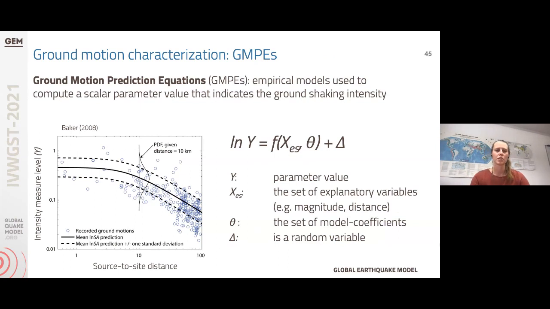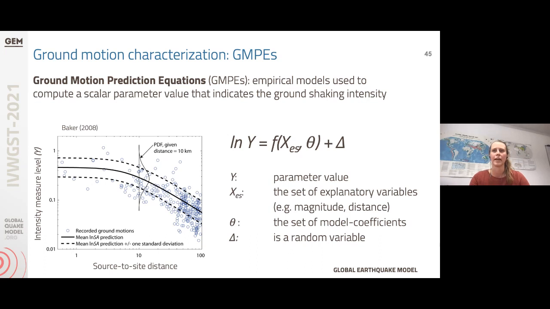So ground motion prediction equations are empirical models that are used to compute a scalar parameter value indicating the shaking intensity using one of the intensity measure types that we've defined. And a GMPE yields a parameter value as a function of a set of explanatory variables. So the magnitude, the distance, and all these different parameters that we covered.